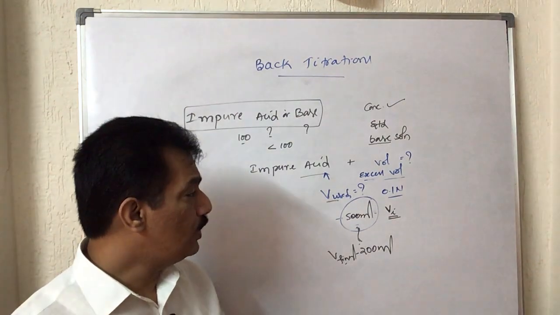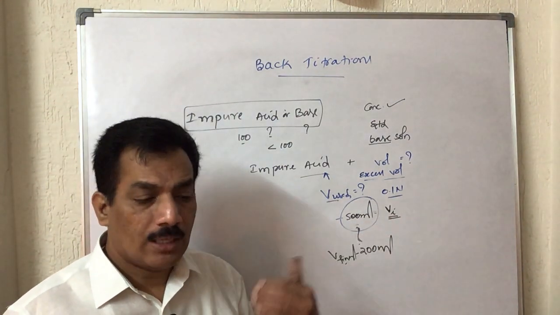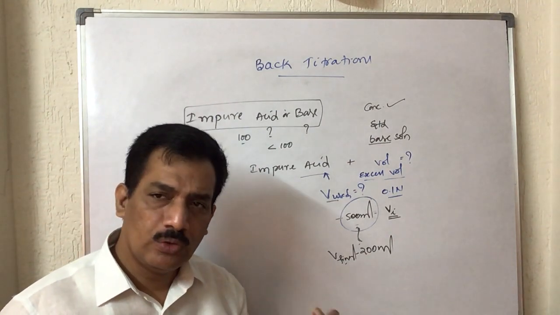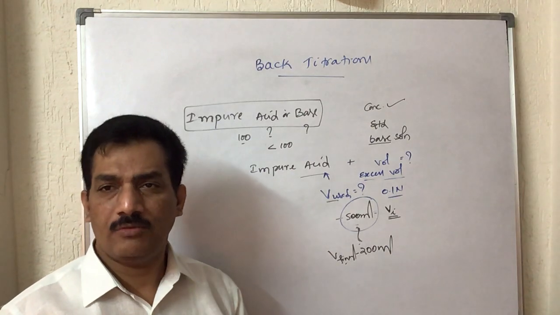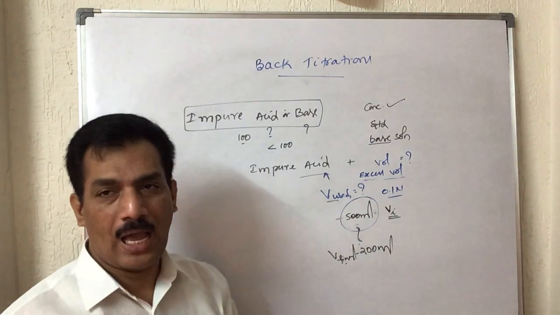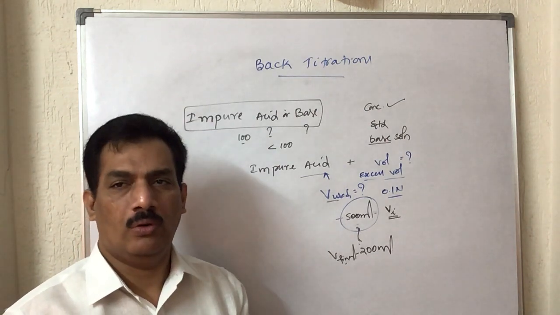Then automatically we know V initial is 500. Some volume of this base is used for the complete neutralization of the acid present in the given impure acid. How much is used? We don't know.